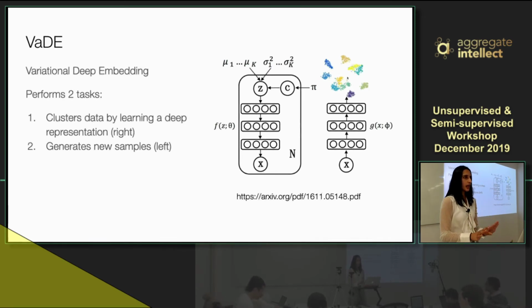One thing I should point out is that the clusters are learned at the same time as the latent space. So when it goes through the loss function and backpropagates, it's all updated at once. It's not necessarily one thing happens and then the next. It's all encompassed into one.